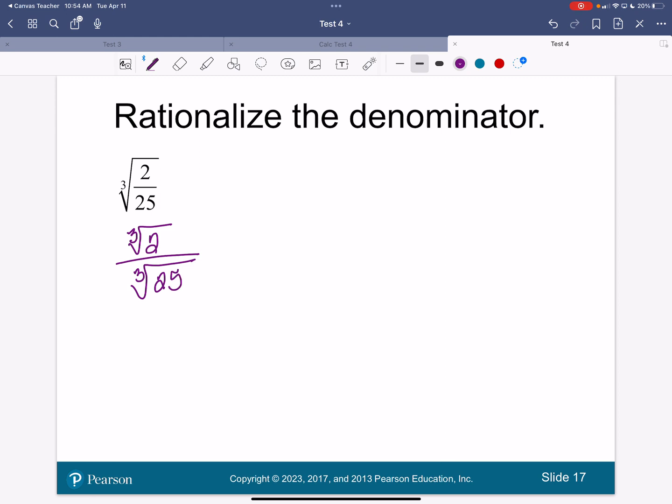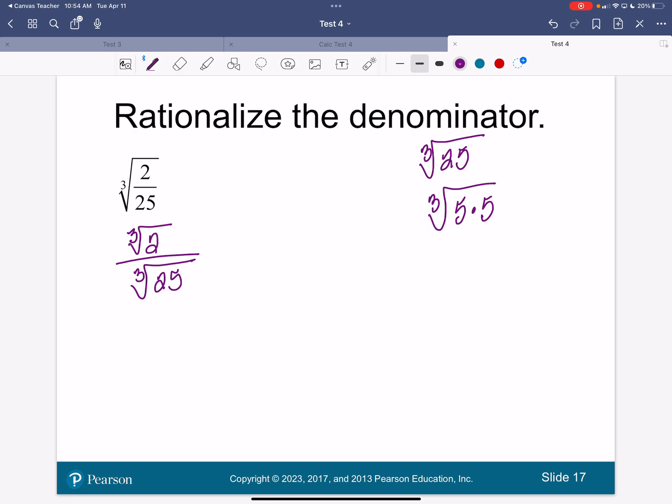I would encourage you to break down that 25 into primes. Okay? So I've got the cubed root of 25, and that breaks down to 5 times 5. Okay? I need a set of how many? I need a set of 3. How many do I have?